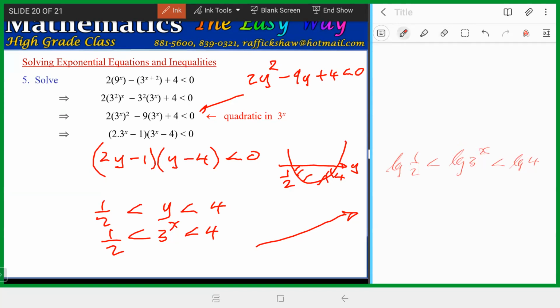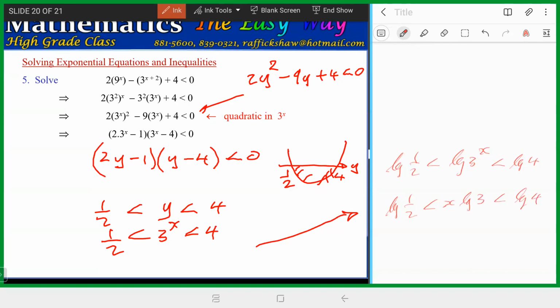So my student now gets something like this: the log of a half less than x times the log of 3. X comes to the front, right? So you get x times the log of 3 less than the log of 4.